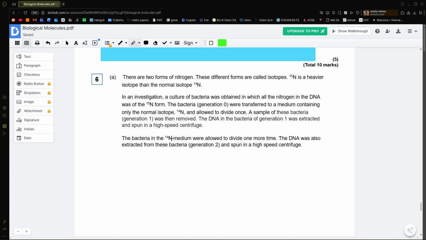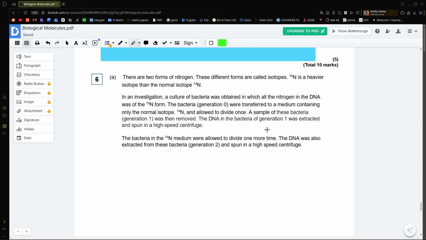So, there are 2 forms of nitrogen. These different forms are called isotopes. 15N is a heavier isotope than the normal isotope 14N. In an investigation, a culture of bacteria was obtained in which all the nitrogen in the DNA was of the 15N form. The bacteria, generation 0, were transferred to a medium containing only the normal isotope 14N and allowed to divide once.